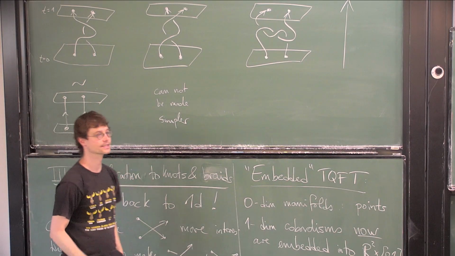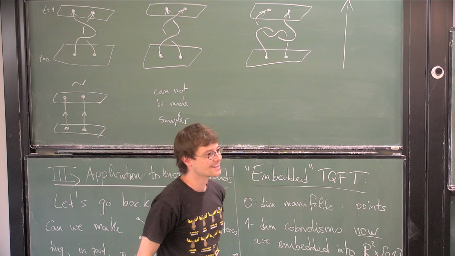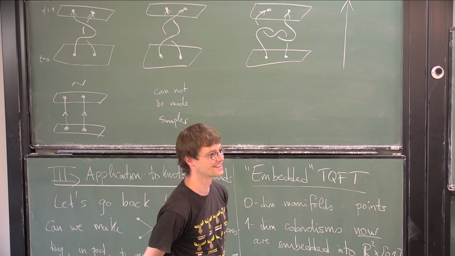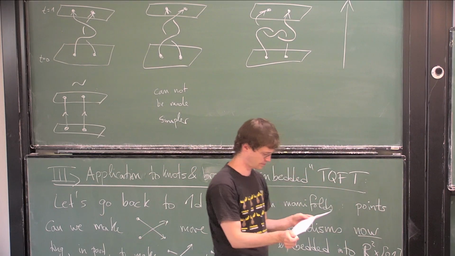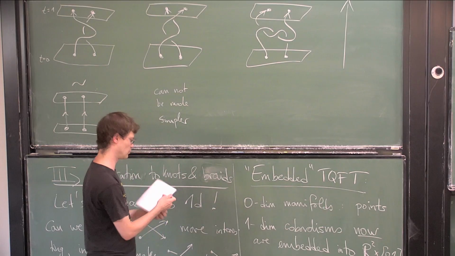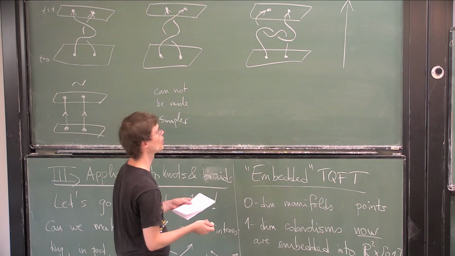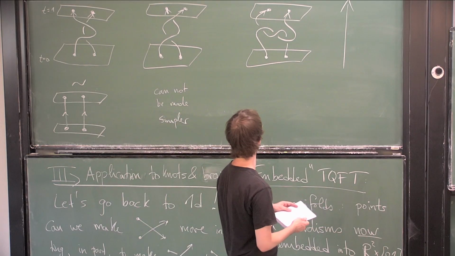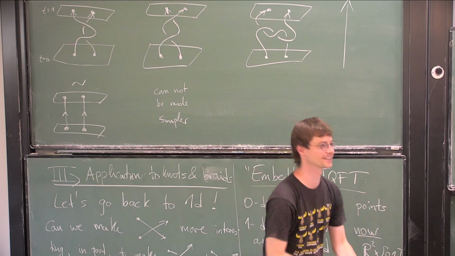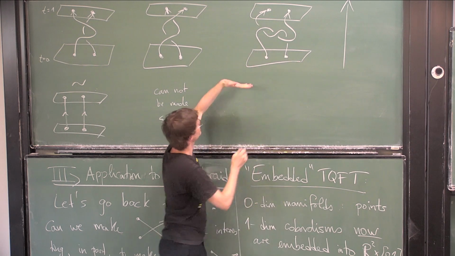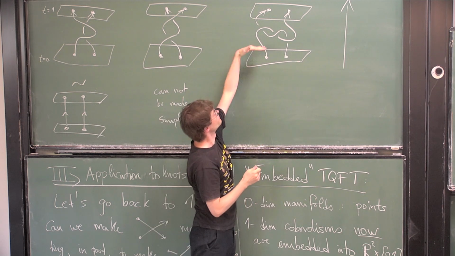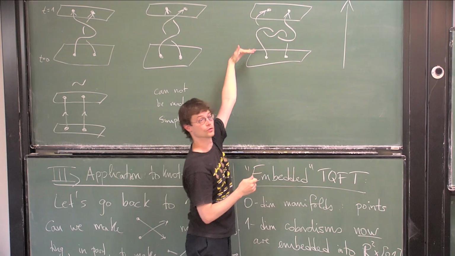That was the question, yes? We always find a representative of those world lines that respects causality, like we can't... That's a very good point. I want to first define the object and then... Oh no, actually I can make the remark now. The answer is yes, you will see it in 5 minutes. You can isotope this in a way that whenever you take any intermediate plane, you have exactly 2 intersections.